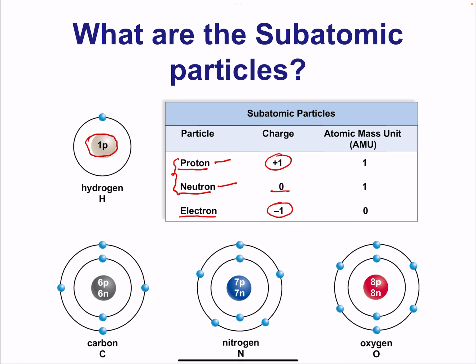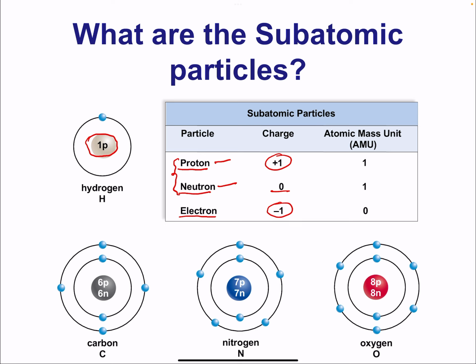Now, we are going to have electrons spinning around the nucleus based on the amount of energy this electron has. But I'm not going to bug you with the intricacies of that. I want you to know that where an electron is sitting outside of the nucleus is called an electron shell, right?